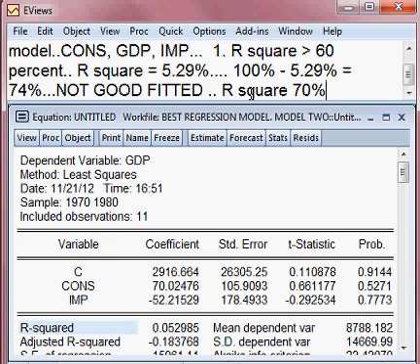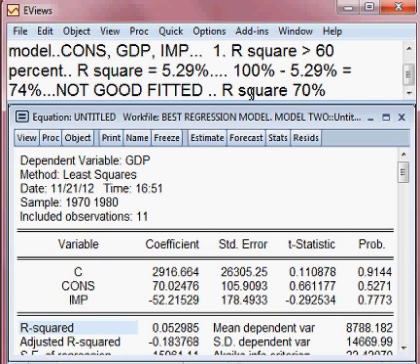It means that independent variables jointly can influence the dependent variable 70%, and the rest 30% can be explained by other variables not included in this model, meaning that external influence is only 30%, which is small, and internal influence is 70%, which is big.